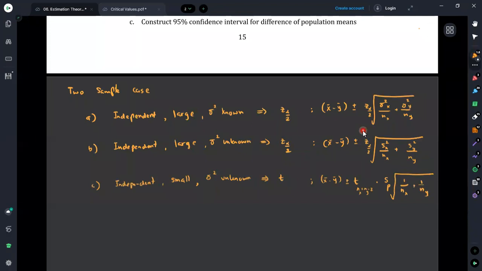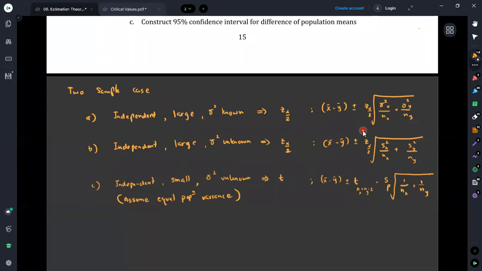If it is asked that we assume equal population variance, here we are discussing this condition as well. Even though sigma squared is unknown, the only information we have is equal population variance.